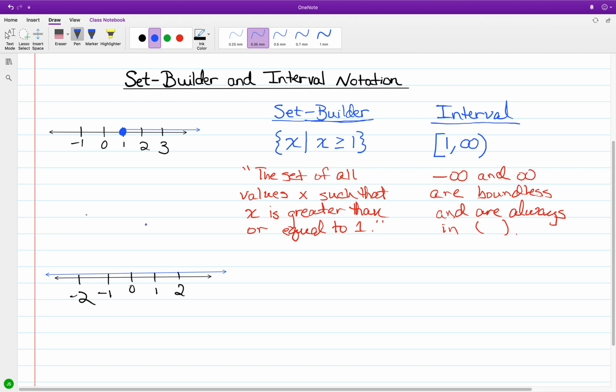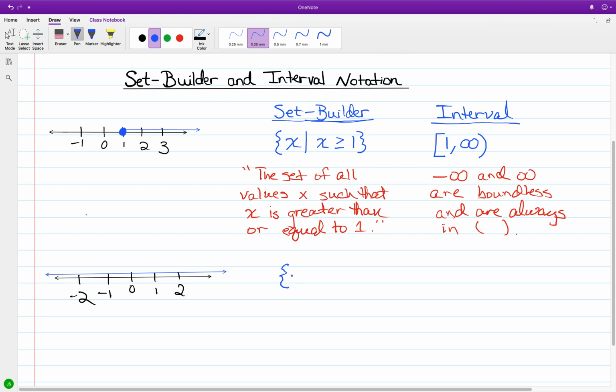We have continuity happening at both ends, and what this means is that we have the positive numbers, 0, the negative numbers, all the fractions, everything else in between. Now for the set builder notation, we're not just looking at whole numbers or integers or fractions or decimals. We're looking at everything that is involved. In fact, we are looking at the entire real number system.